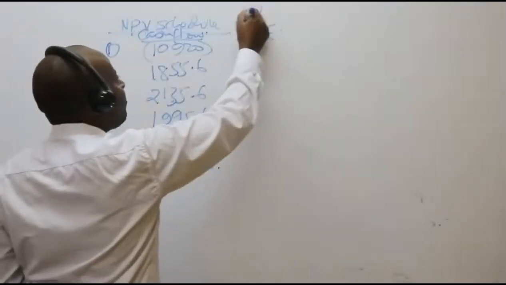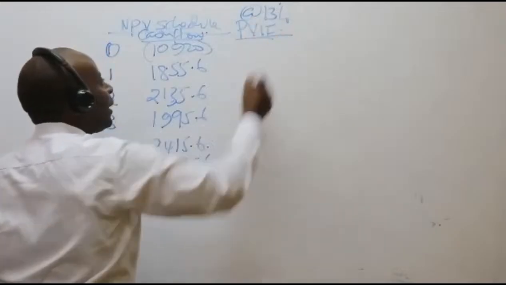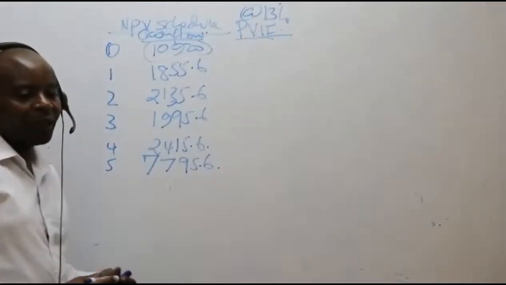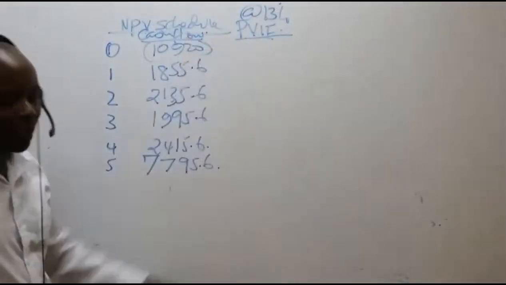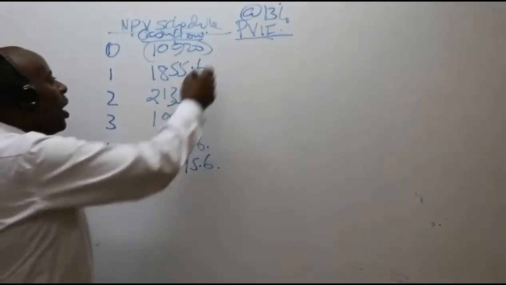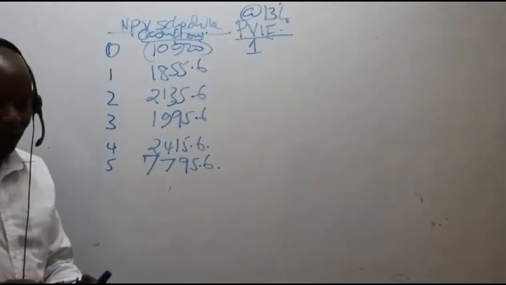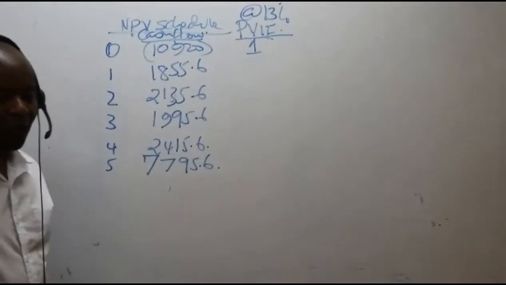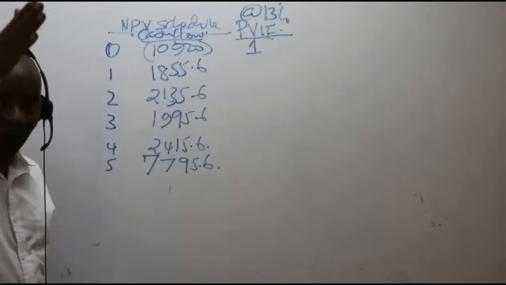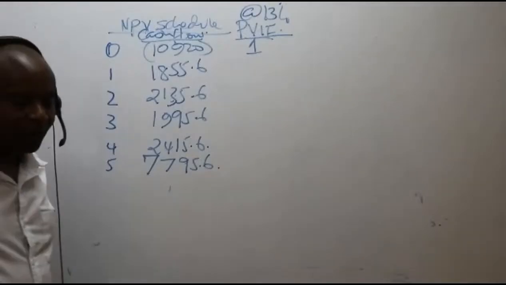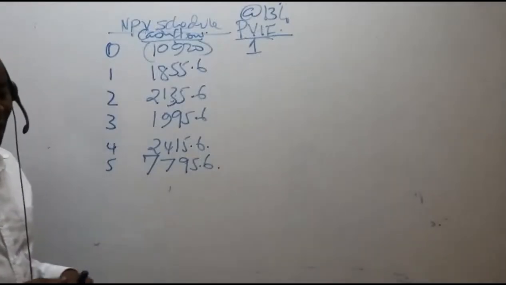So is there anybody who has a lump sum table with 13%? Could you kindly read these figures for us? I know that at time 0, the PVIF will always be equal to 1. If you don't have the table, you know the formula.